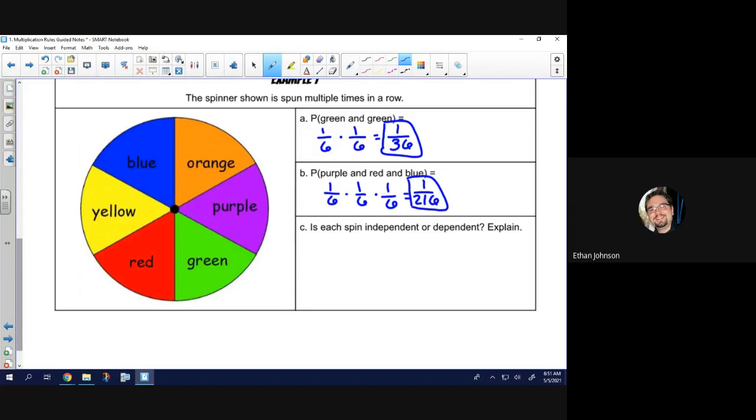Well, because it's 1/6 times 1/6, the first spin didn't affect the next, we can say these are independent. The first spin does not affect the next.